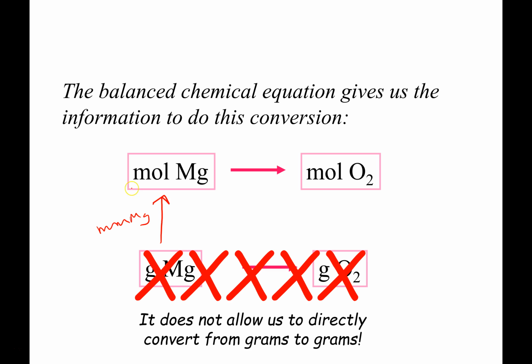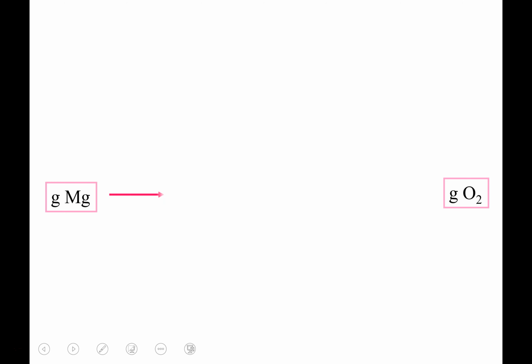Then I can go from moles of magnesium to moles of O2 using the stoichiometric ratio that we talked about just a minute ago. And then finally, I can go from moles of O2 to grams of O2 using the molar mass of O2. So what's different about this problem is these kind of front-end problems.